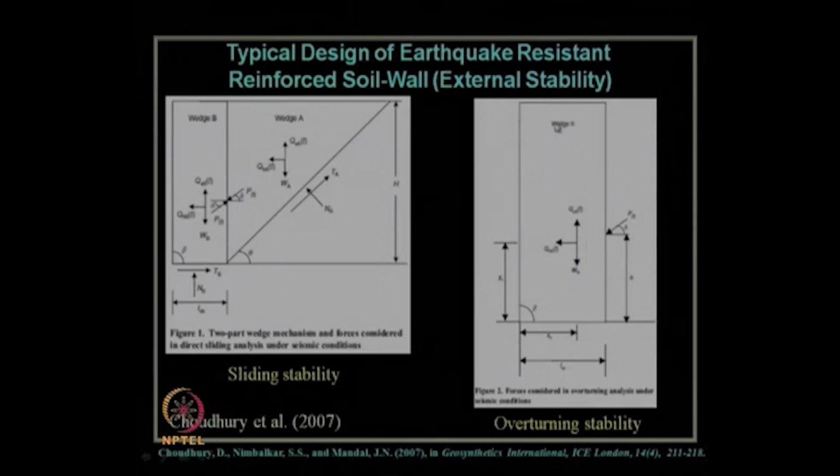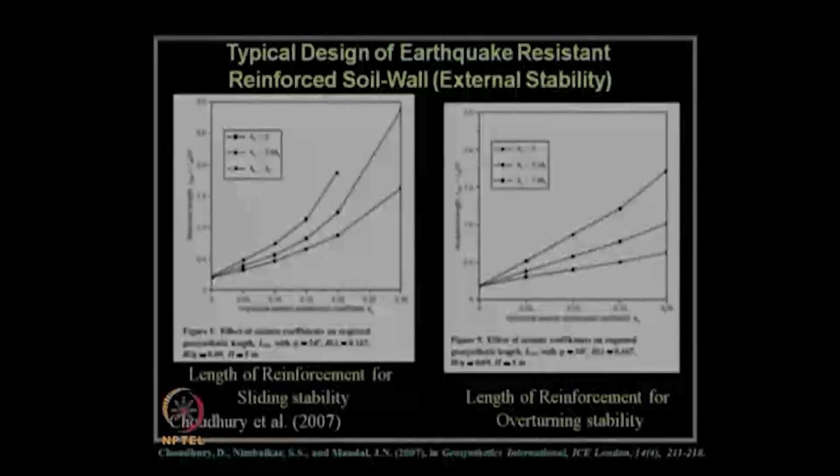Again, the stability of the reinforced soil wall was considered in terms of overturning also, considering this effective pressure coming from active earth pressure from wedge A, and then acting on wedge B when it is about to tip about this point, rotating about this point.